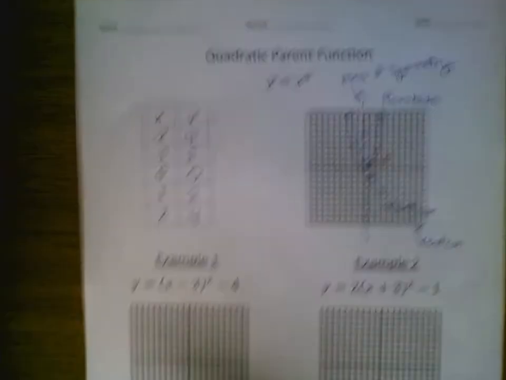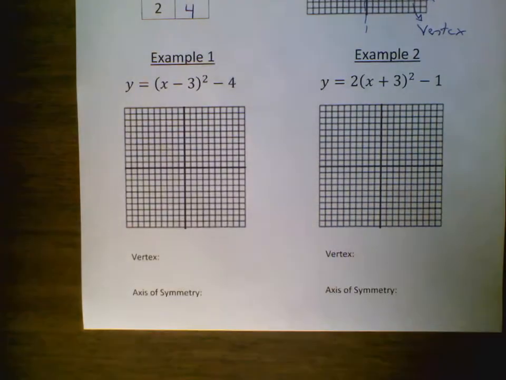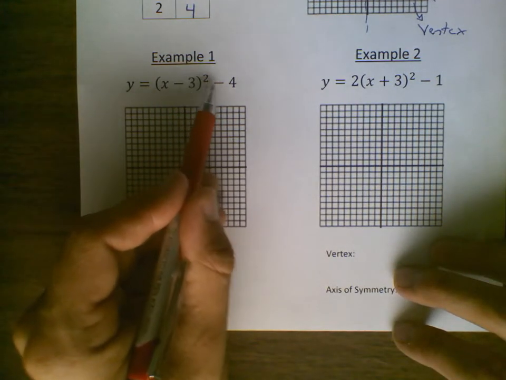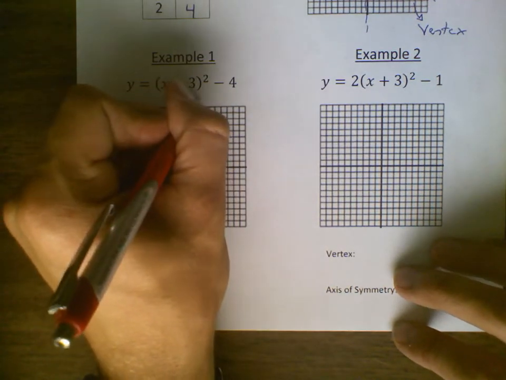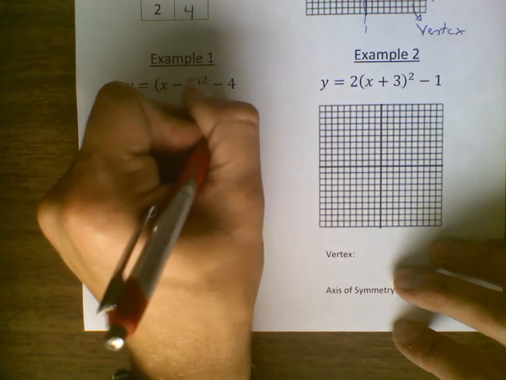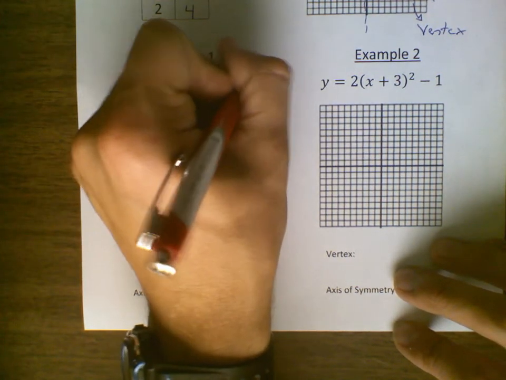Just like our absolute value functions, quadratics are going to work the same way. So in example 1, I have y equals (x minus 3) squared minus 4. Just like the transformations with absolute values, this -3 is going to move me right 3, and the -4 is going to move me down 4.